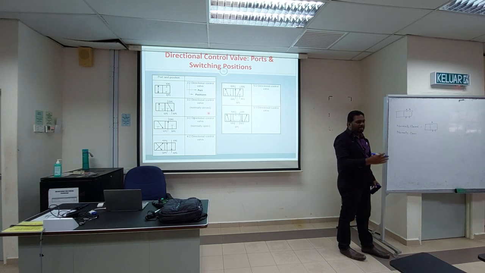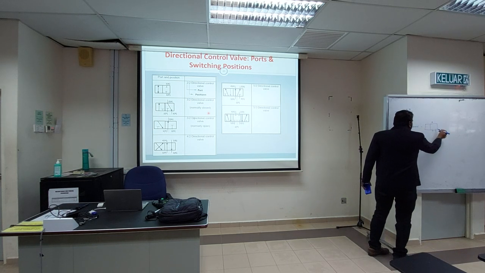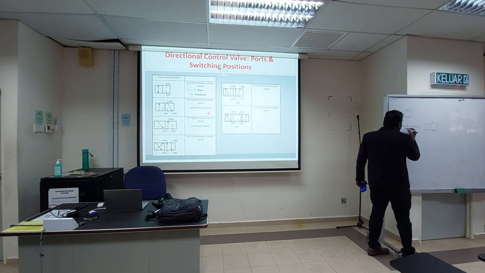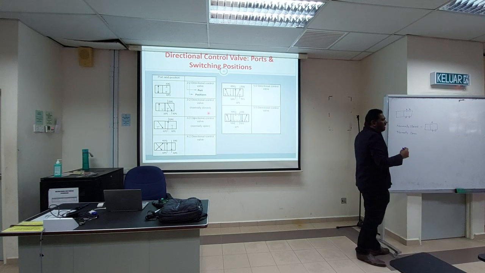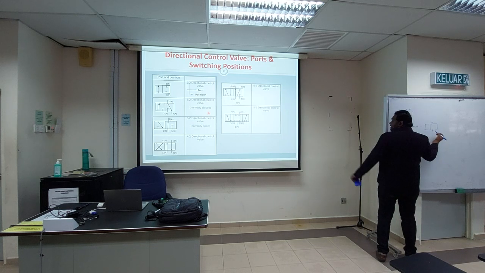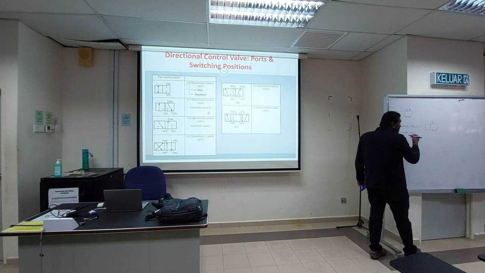Meaning yang biasalah before you give any input, dia selalunya kanan kan. So ini adalah unactuated position ataupun kita panggil as normal position. So normally close meaning kalau you tak bagi apa-apa input, it will be close or open. So close maksudnya based on yang tadi no connection kan, normally close.